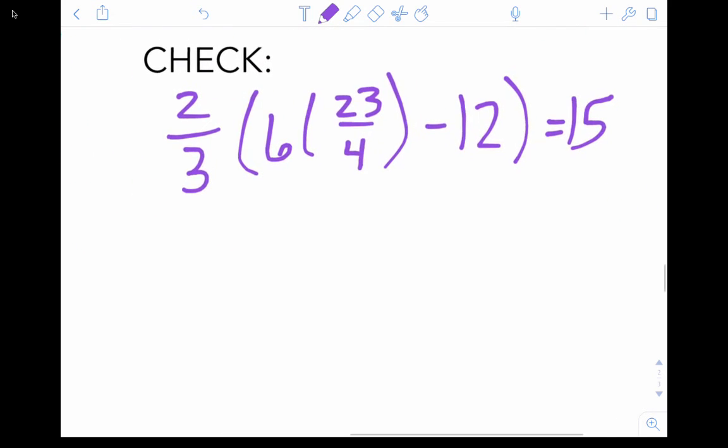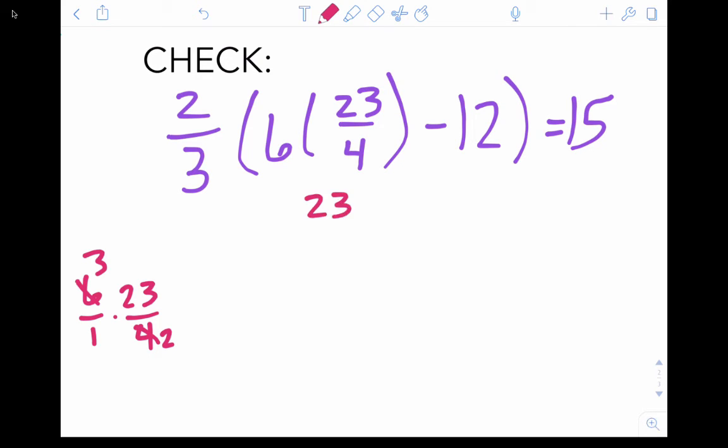So I'm inside of the parentheses first. I need to do 6 times 23 over 4. So if I go over to the side, I can cross simplify my 6 and my 4. 2 goes into both of those. So my 6 becomes 3, my 4 becomes 2.